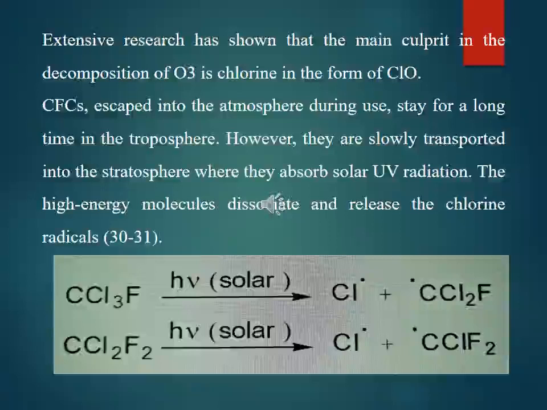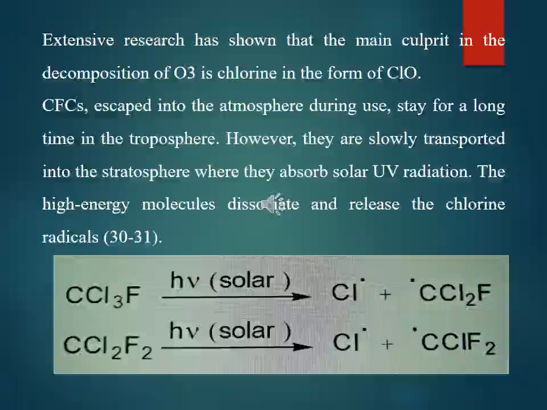Chlorofluorocarbons escaped into the atmosphere during use stay for a long time in the troposphere. However, they are slowly transported into the stratosphere, where they absorb solar ultraviolet radiation. The high-energy molecules dissociate and release chlorine radicals.